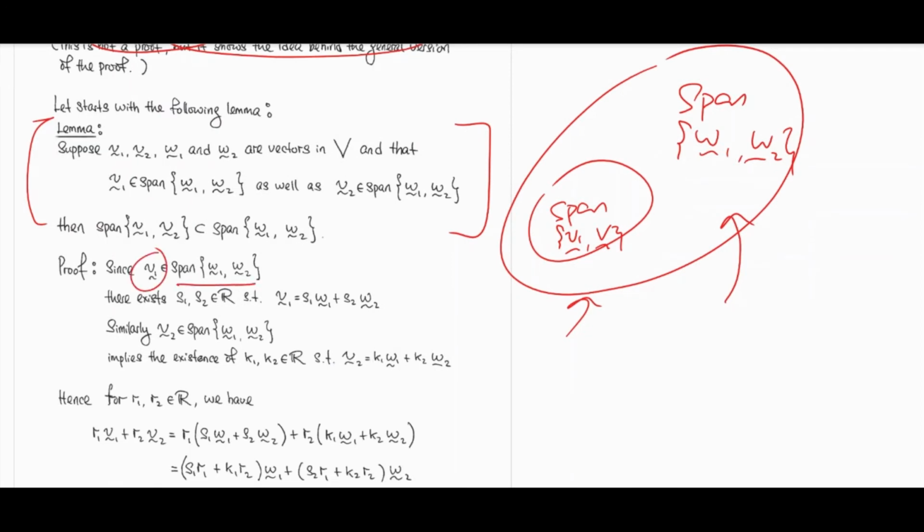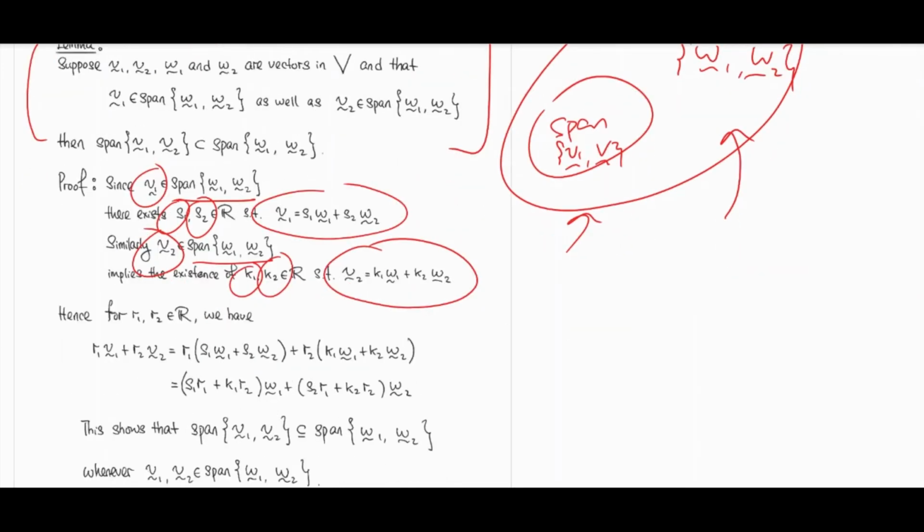So if your V1 is in the span of W1 and W2, by definition, there exist these two numbers so that you can write your V1 like this. Also, your V2 is in this space. That means there exist these two numbers so that your V2 can be written like this. Now if you look at the linear combination of V1 and V2, substitute your V1 right here, substitute your V2 right here, and then multiply and regroup, you will see that R1 V1 plus R2 V2 can be written as some scalar multiple of W1 and some scalar multiple of W2.